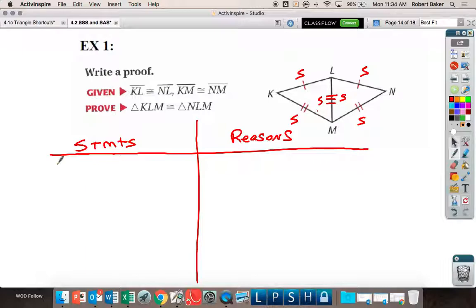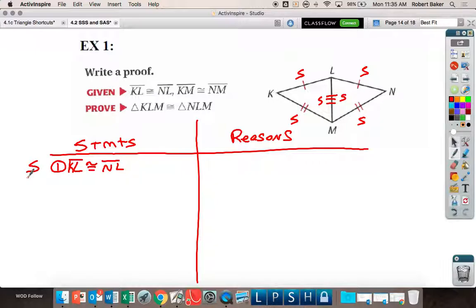So statement one, what do you want to put? Line segment KL is congruent to line segment NL. Now I'm going to write that as one statement because I know that is a side statement.